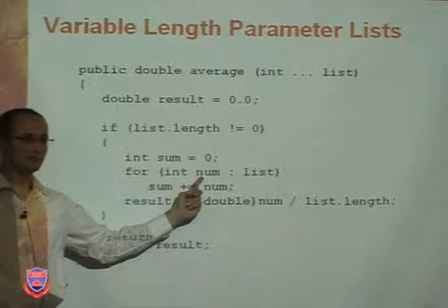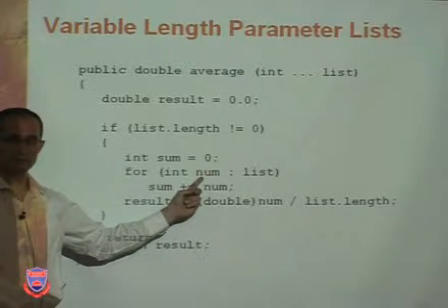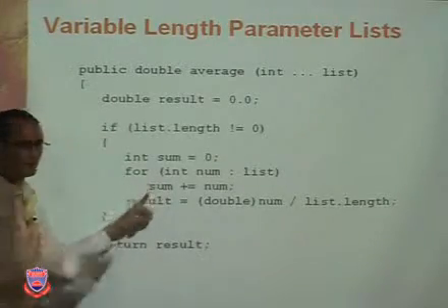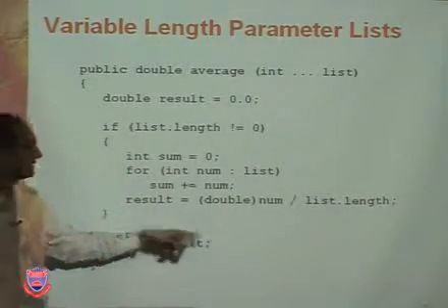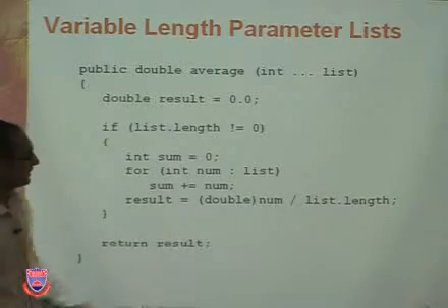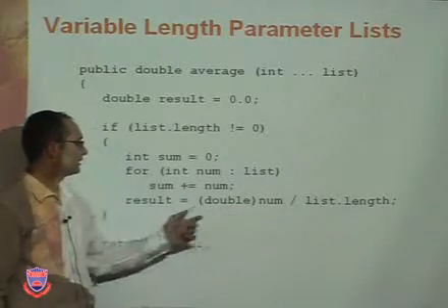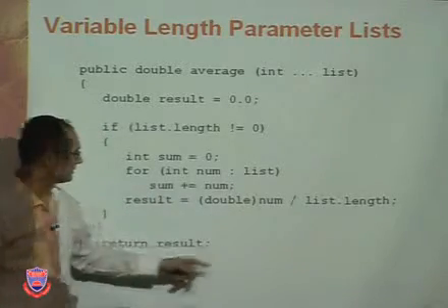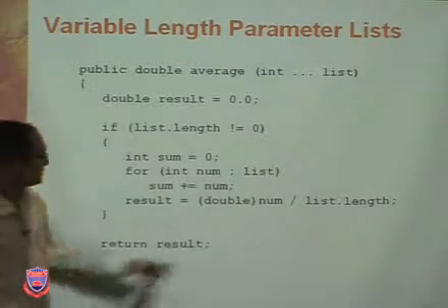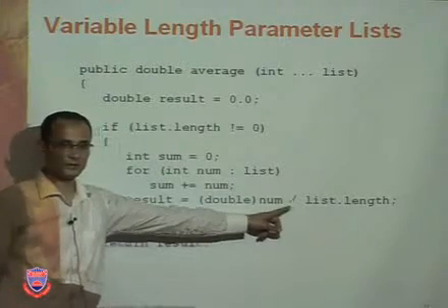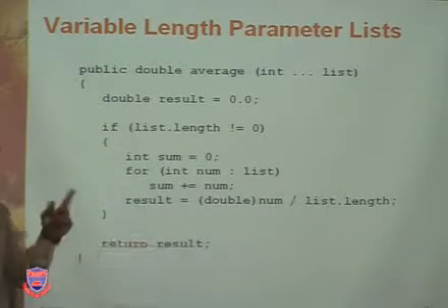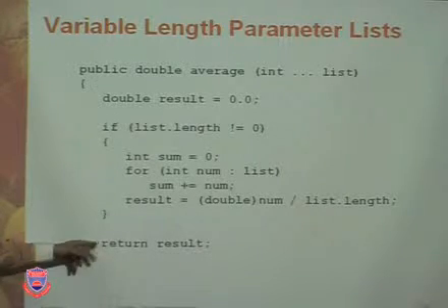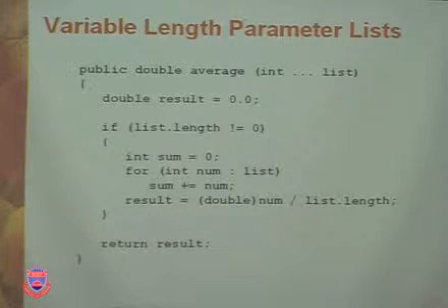The variable you use for the iterator is num, and every time you add this number to the sum. At the end you get the result, which is the sum, actually this should be sum, not num, right? Yeah, it should be sum divided by the number of elements, the number of arguments passed to your method call, and then it will return the result at the end.